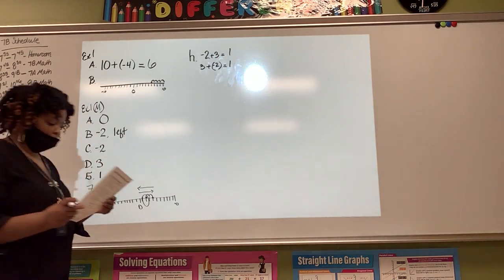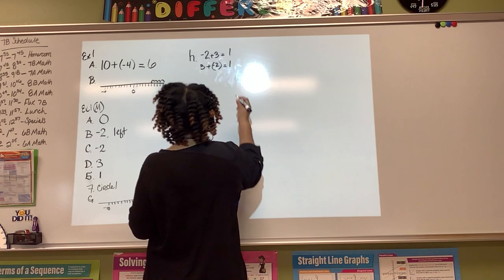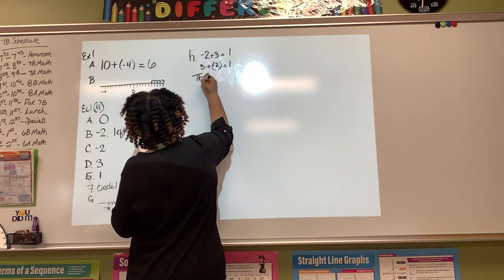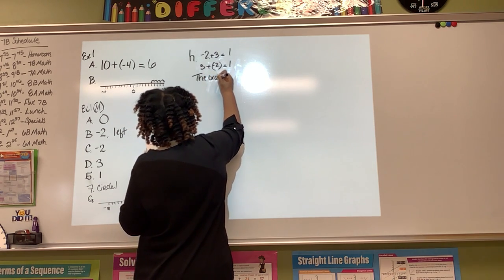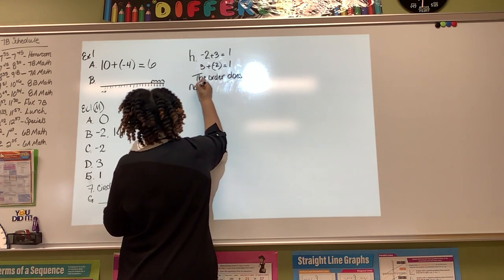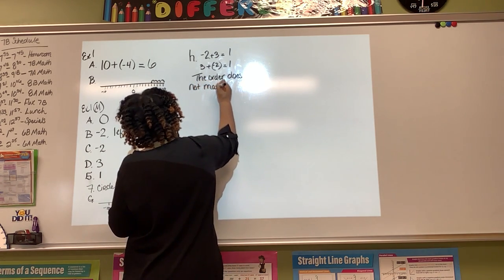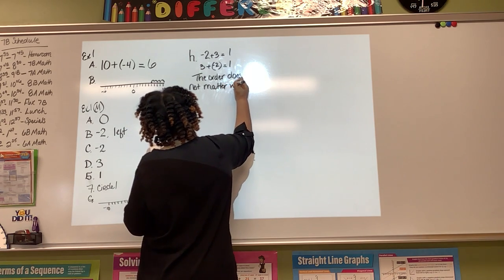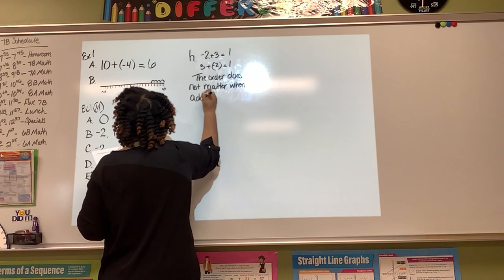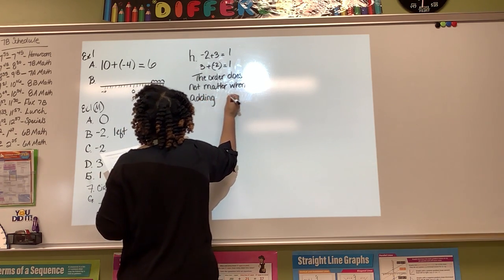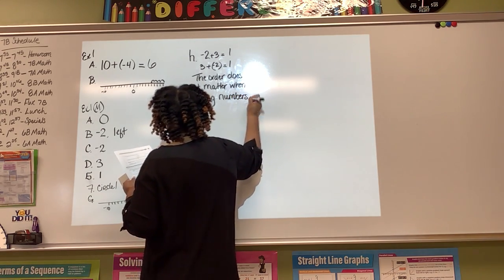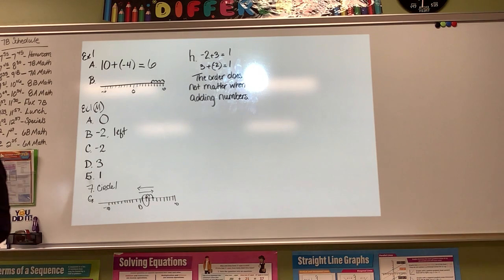So you would say the order does not matter when adding. Make sure you say when adding numbers, because the order does matter when you're doing division and multiplication. So make sure you say when adding numbers.